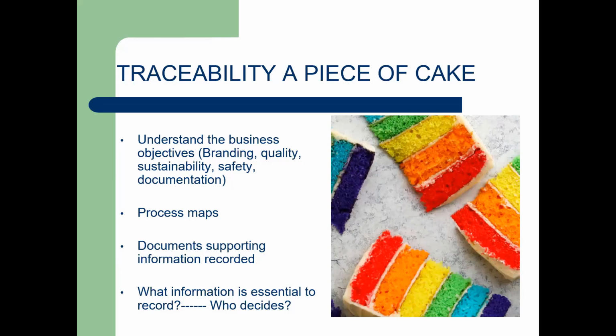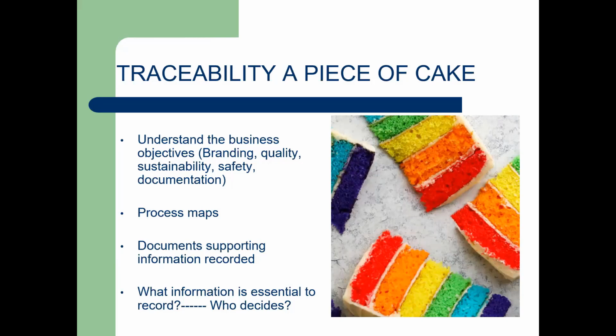If your objective is branding, we want our consumers to be able to scan that code and trace where our products came from. Then we need to modulate traceability according to some of these goals.